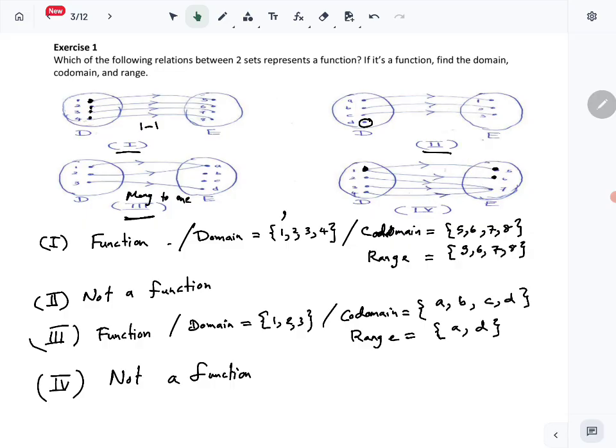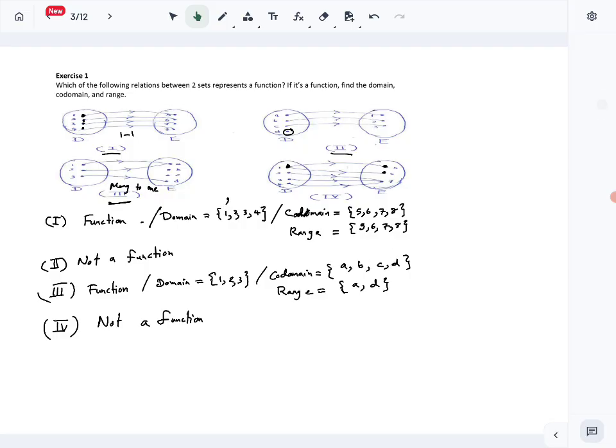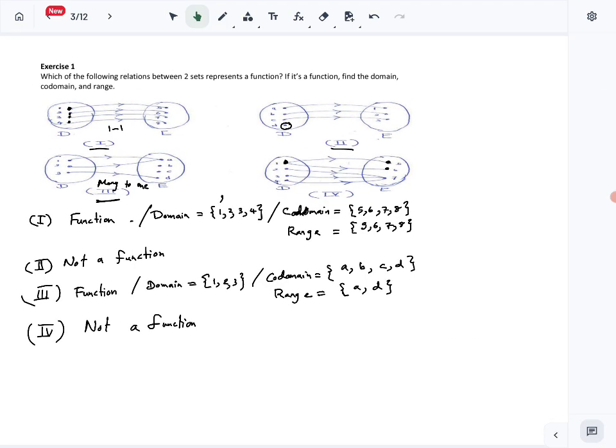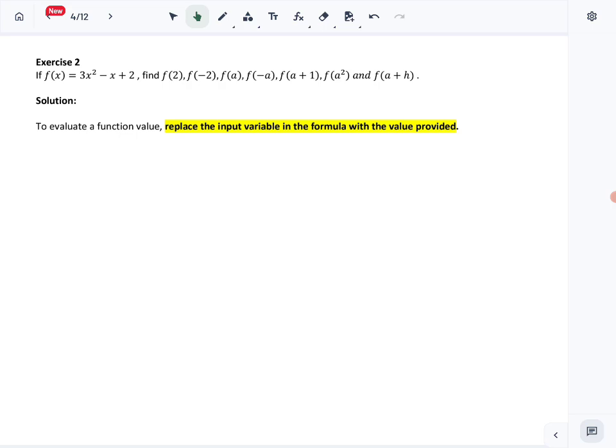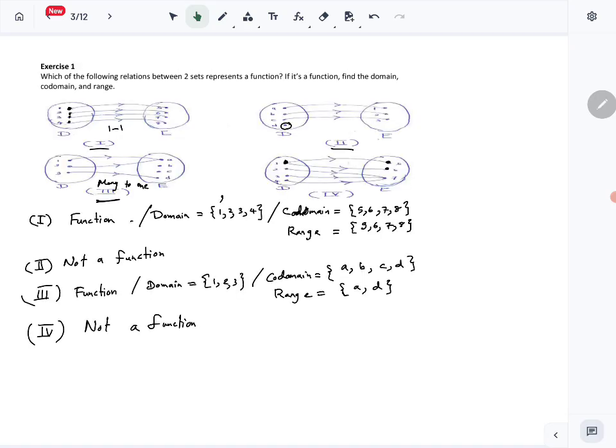So we are done with the first exercise, right? So now let's look at another exercise. In this exercise, the function is given in algebraic form. Normally, all the questions you are going to deal with are going to be this type, algebraic functions, not this type.